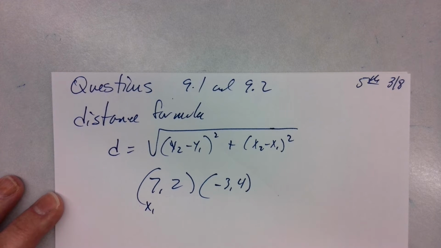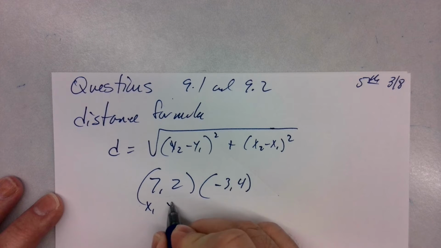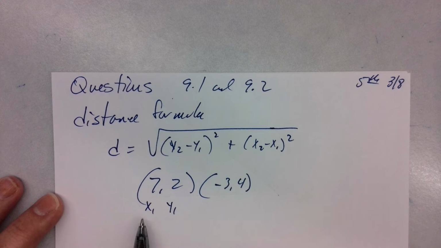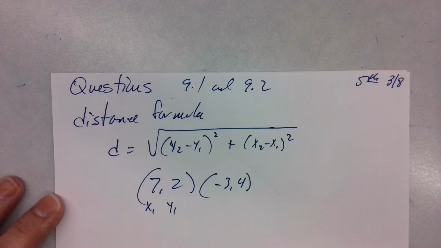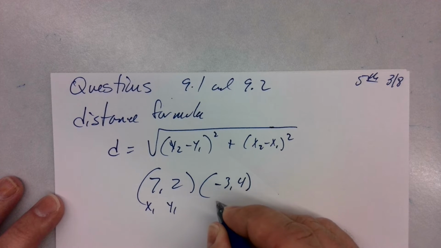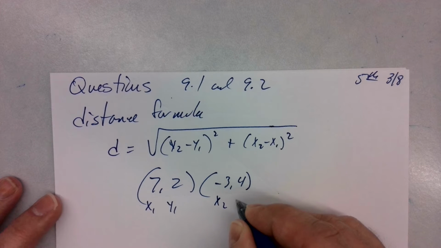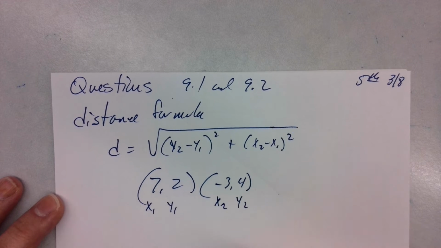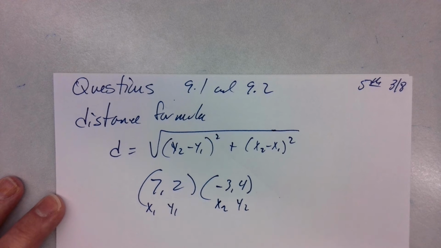Well, if 7 is my x1, what does that 2 have to be? It has to be y1. I can't tell you how many students will go x1 and x2. So what would my -3 be? x2, and 4 is my y2, right? Then it just becomes substitute and simplify.